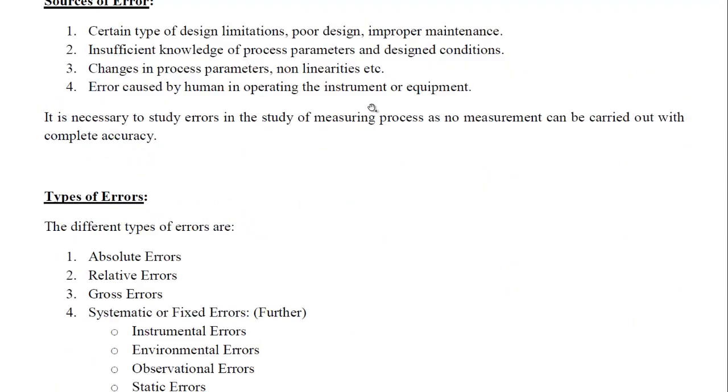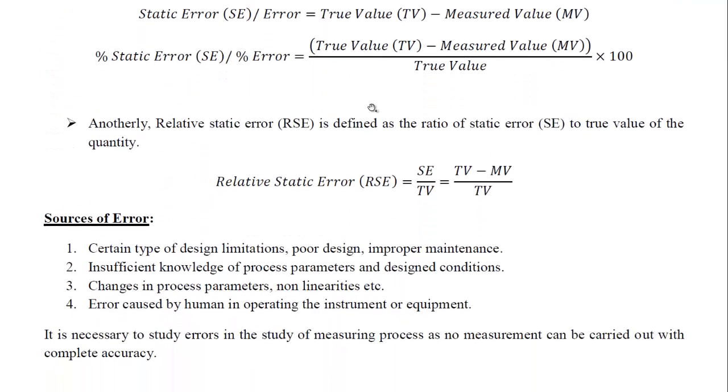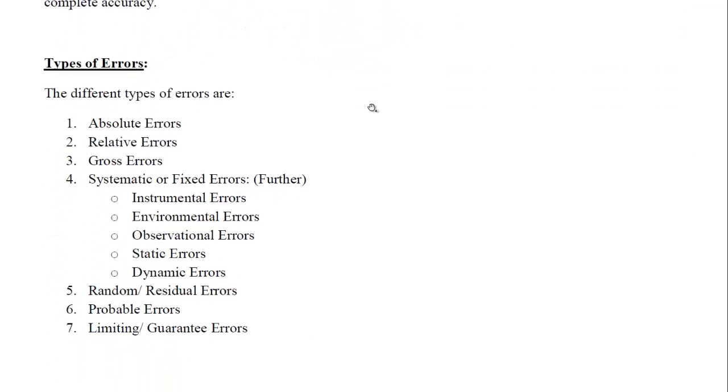So this question of error is a very important topic from the electronic measurement point of view. There is nothing much in this from a technical point of view, that is, there is not that much derivation or mathematics. No doubt it's technical, but you don't have much mathematics from a derivation approach. So this is an important long answer, and this subject, specifically electronic instrumentation, is a scoring subject.